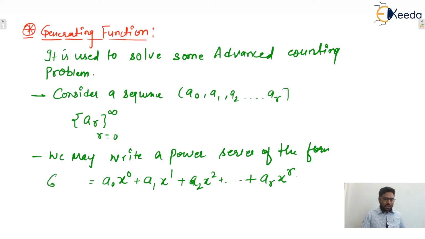We write it as g of x. Then g of x is known as the generating function. I hope this is clear.